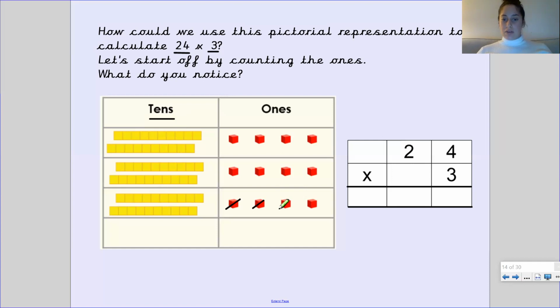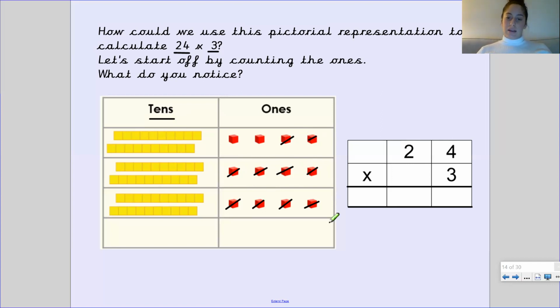So what I would need to do is cross out 10 ones. 1, 2, 3, 4, 5, 6, 7, 8, 9, 10.